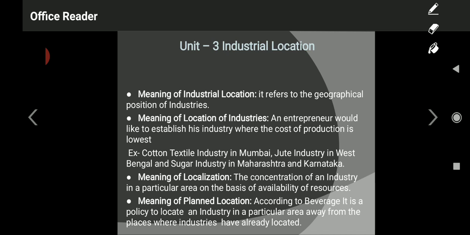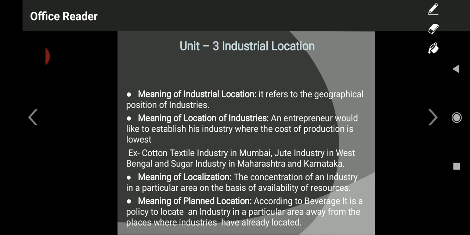Cost of production means cost of raw materials, cost of transport, for example, cost of land. So these things we have to consider before locating the industries. Take an example for that.